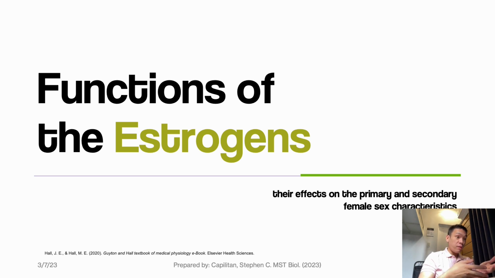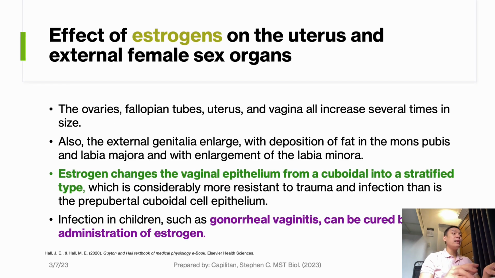These are the functions of your estrogens and their effects on the primary and secondary female sex characteristics. On the uterus and external female organs, the ovaries, fallopian tubes, uterus, and the vagina all increase several times in size.